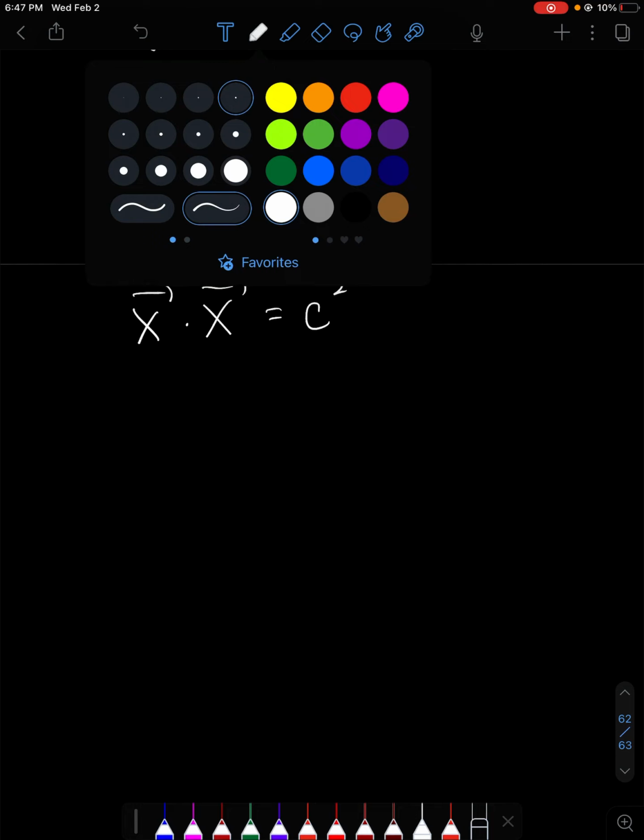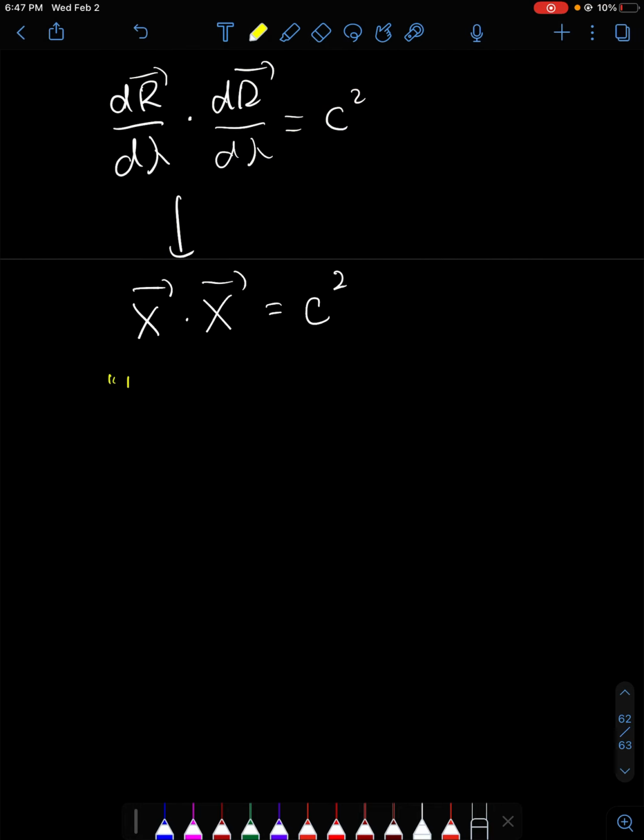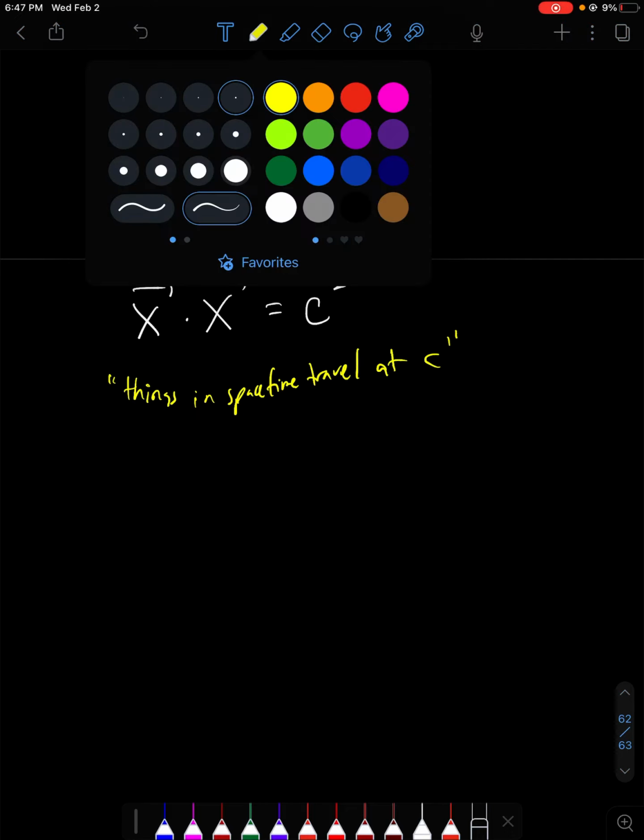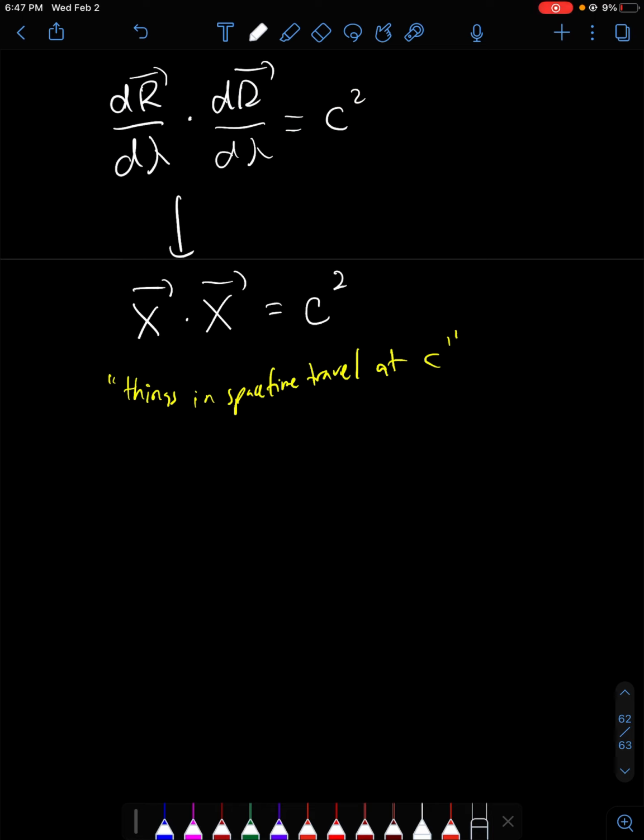Now this is where the idea that all things in space-time travel at the speed of light comes from. Because the dot product of any tangent vector in space-time with itself is the speed of light squared, so the square root of that is just the speed of light.